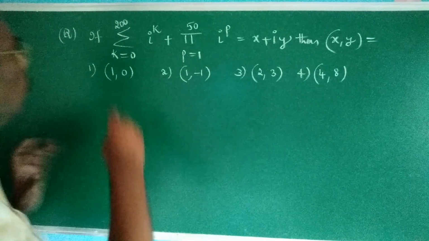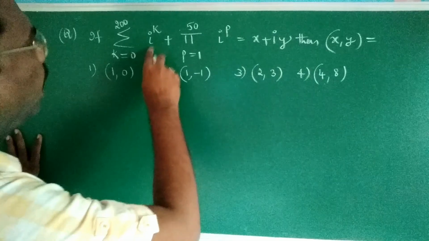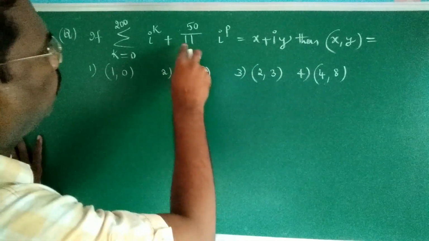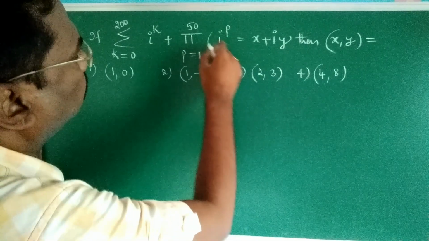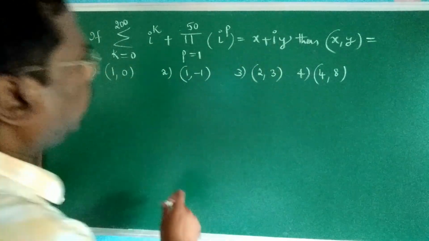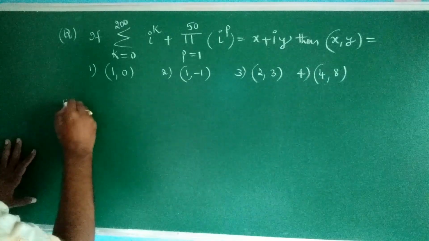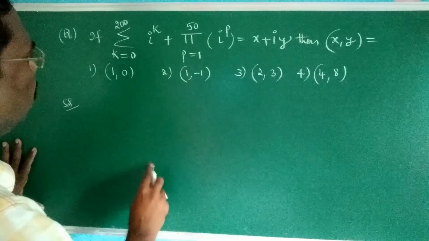Next one: if sigma k equal to 0 to 200, i power k, plus pi p equal to 1 to 50, i power p, is equal to x plus iy, then x comma y is equal to. Now sigma means plus, pi means product.